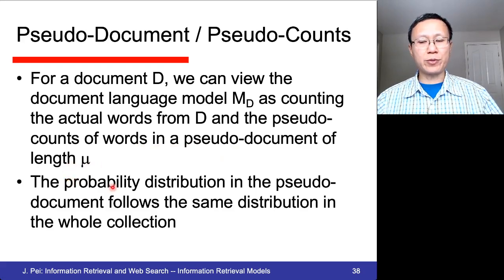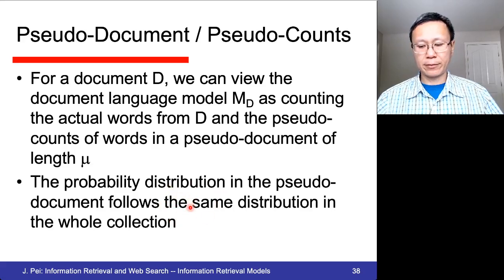The probability distribution in the pseudo document follows the same distribution as the whole collection, so that we can avoid the situation where query term Q does not appear in a specific document, because it still will be smoothed by the pseudo document.